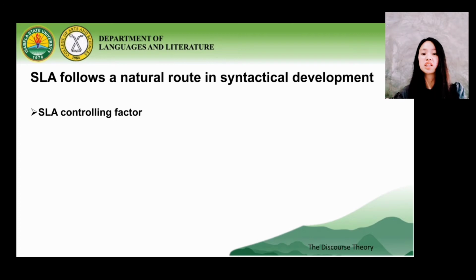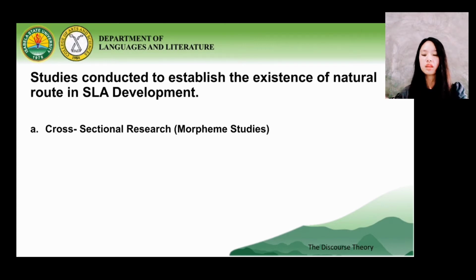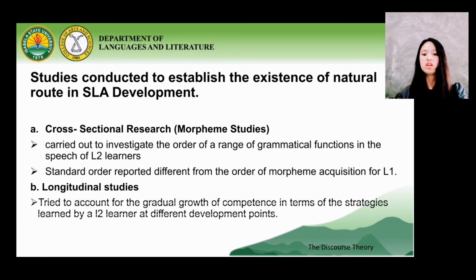So there are studies conducted to establish the existence of a natural route in second language acquisition development. These are the cross-sectional research and the longitudinal studies. So what is cross-sectional research? So cross-sectional research, guys, is also known as morpheme studies.